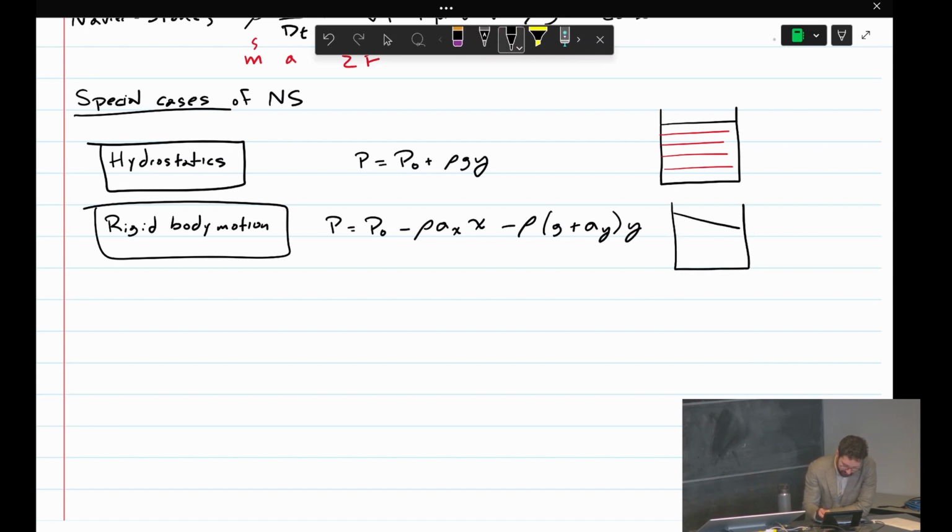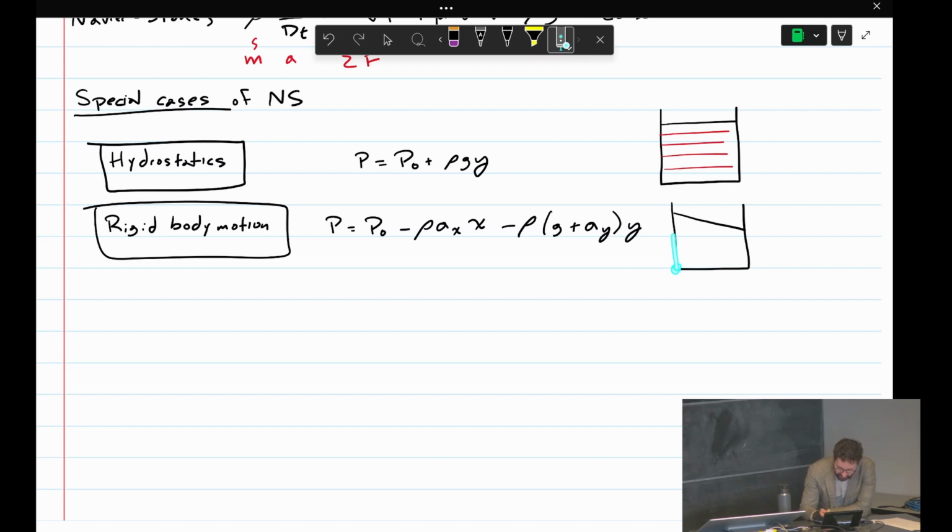Just in words, the coordinate system for the first one is defined with P0. P0 is always the pressure at x0 and y0, x equals 0, y equals 0. In the first one, we say that y equals 0 is the free surface, and that y is defined positive downward, so the pressure increases downward. In the second one with the rigid body motion, we used a different coordinate frame, but you get equivalent results either way.